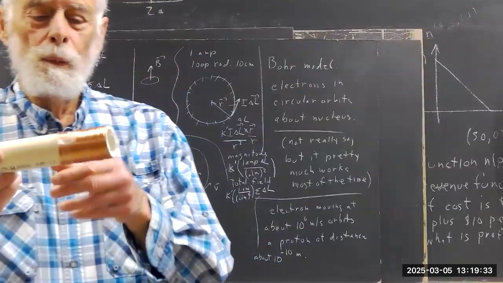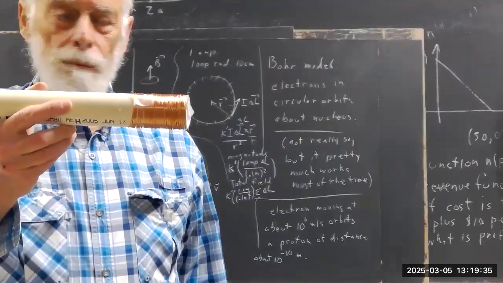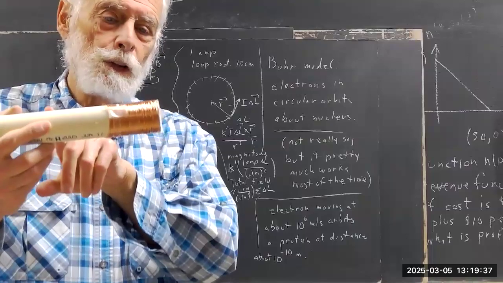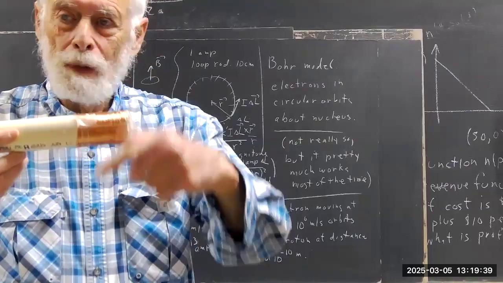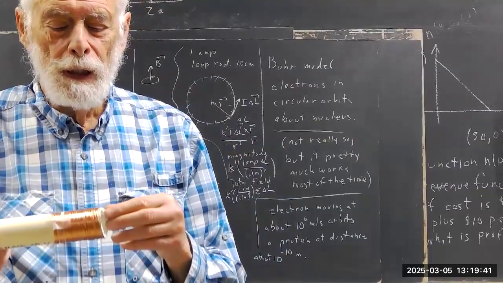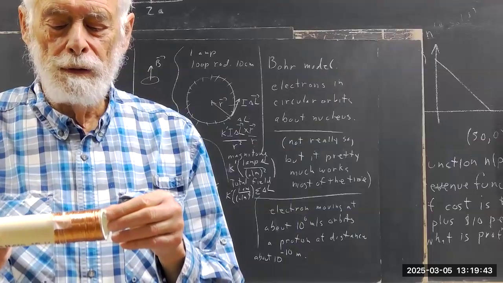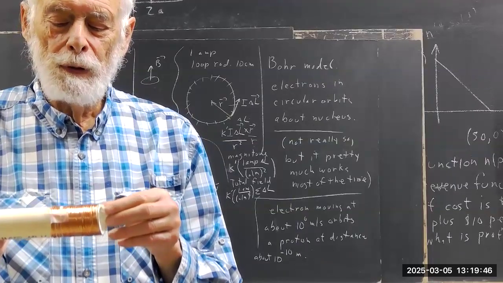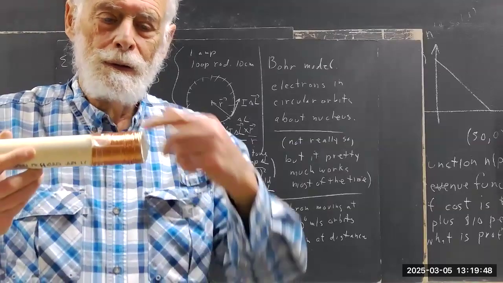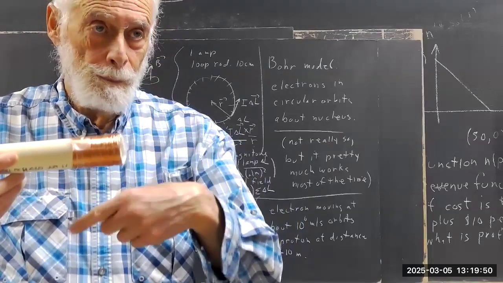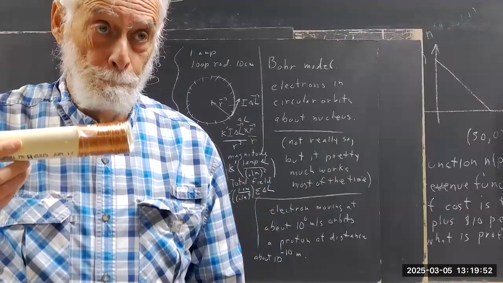Okay, when we wrapped this 1.5-inch pipe with a bunch of wire, we got something on the order of, not quite 100 loops of wire around it. Okay.